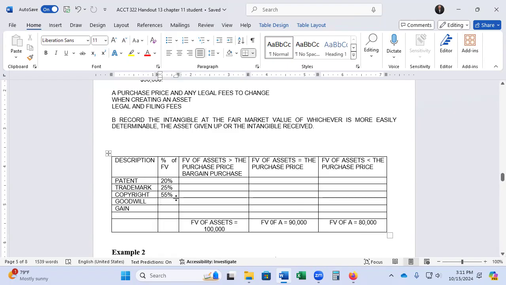And then we wouldn't have goodwill right away. We can talk a little bit about that, but we'll throw it in here for now. All right, so what we do is take 20% and multiply it by 90,000.